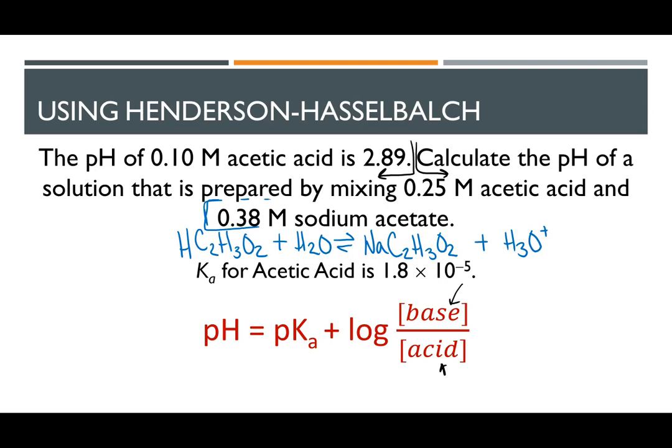Okay, to calculate the pH, we're going to fill in first the pKa. We're given the Ka. Remember, pKa is just negative log of 1.8 times 10 to the negative fifth. I think this is the one I just did.